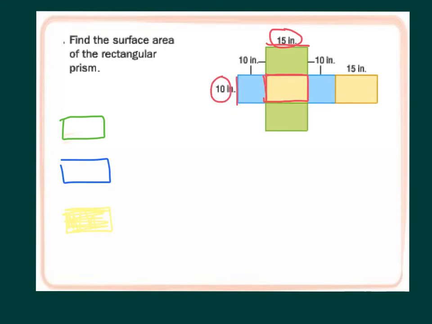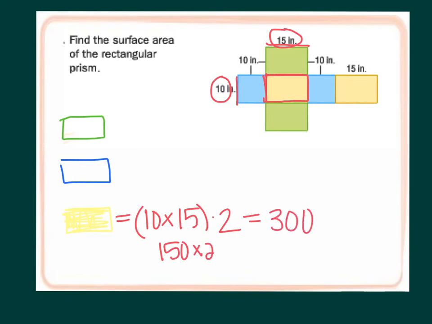So I know that my yellow box equals 10 times 15, and I'm going to do that twice, times 2. Okay, and I know 10 times 15 is 150, times 2 is 300. Okay, so the yellow ones I've already done, those are 300.